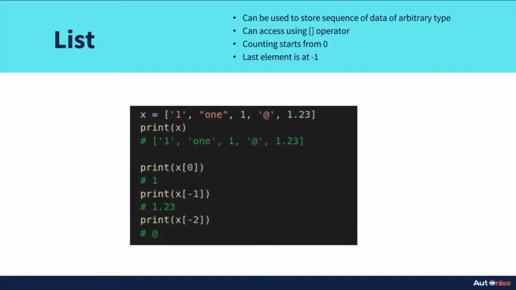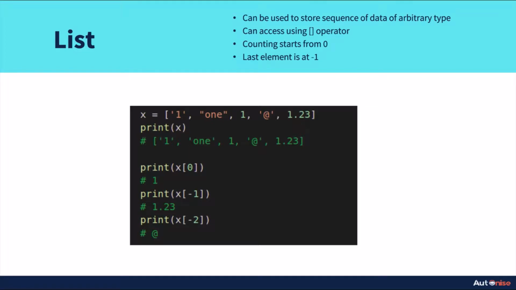To create a list, as we started with a variable, we give a name, then equals to, then we use a square bracket, and within the square bracket we can put any kind of arbitrary type of data variables, and we can separate one variable from another using a comma. The list can be of infinite length in theory.